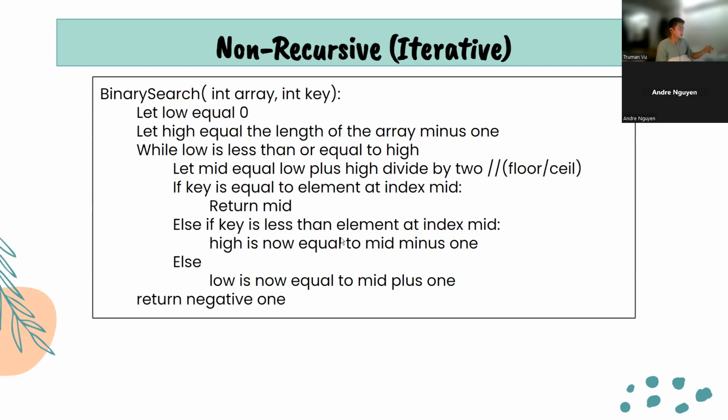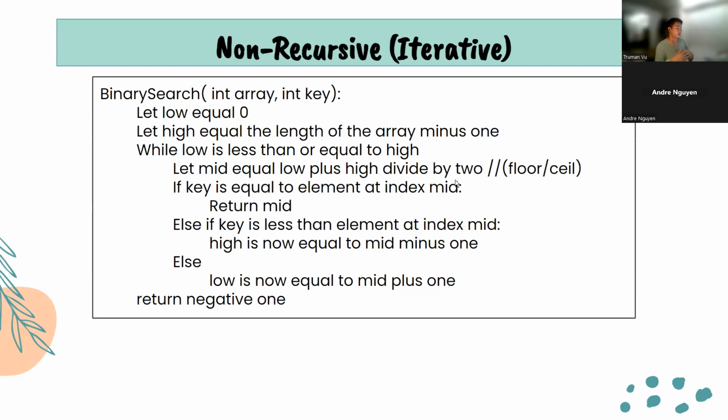And we do that until two things. One, we find it, right? If key is equal to element at index mid, return mid. So that's our break statement of the while loop. Or there's a second break statement where, remember, our while loop is while low is less than or equal to high. There will come a time where your low may or may not be greater than high.